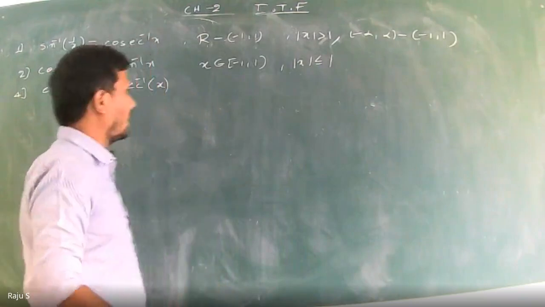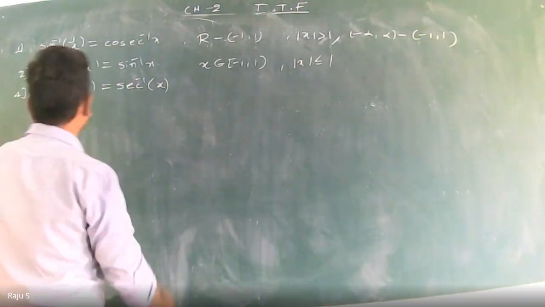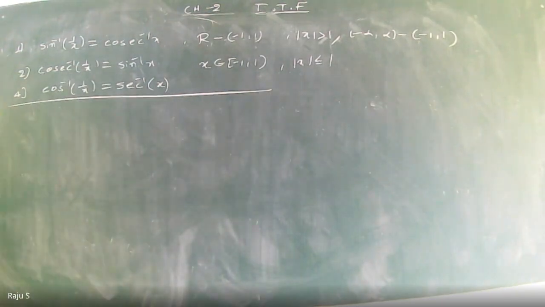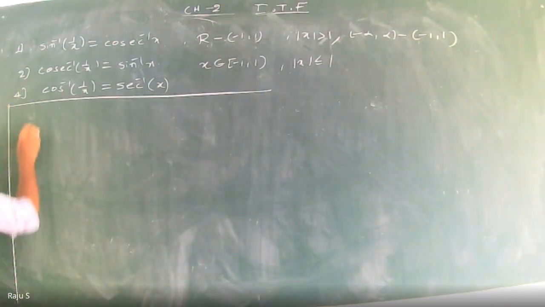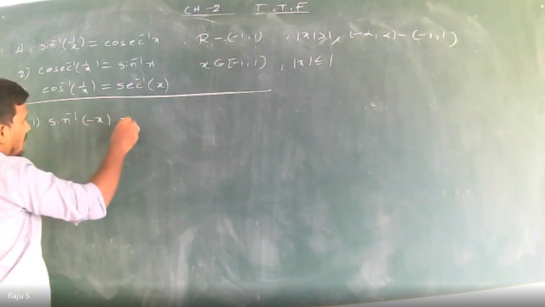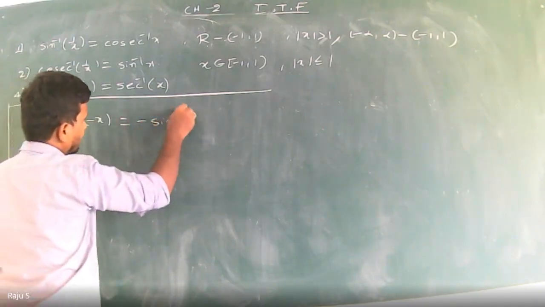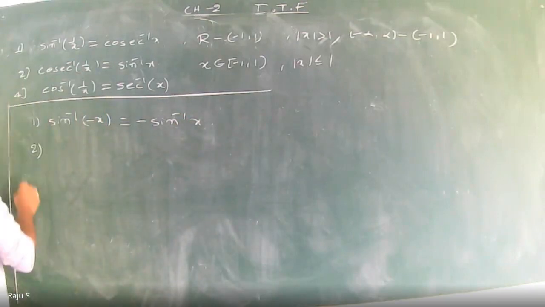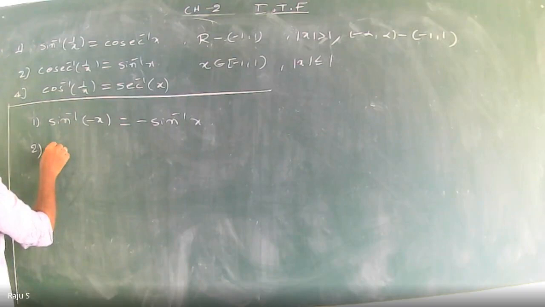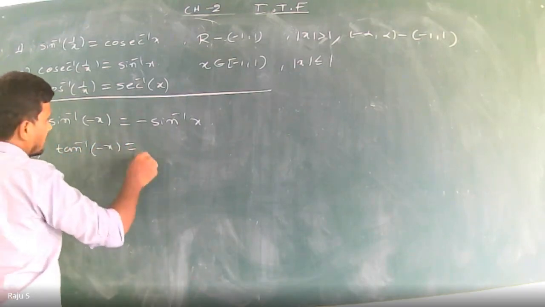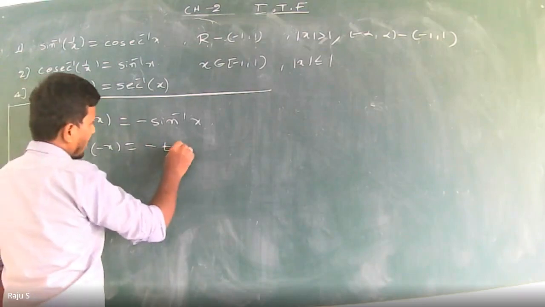Okay. Right. Next, the remaining three. What about here? Sine inverse minus x is equal to minus sine inverse x. And the second one is tan inverse minus x is equal to minus tan inverse x.